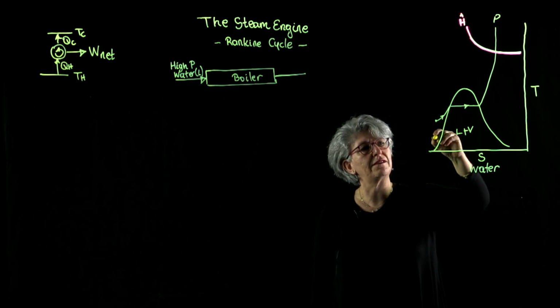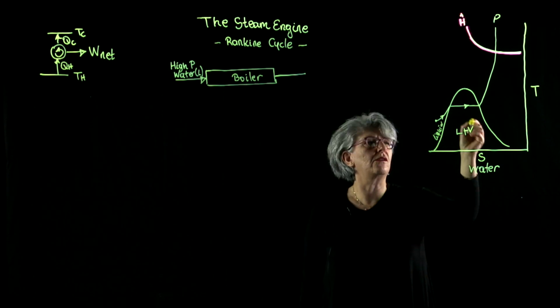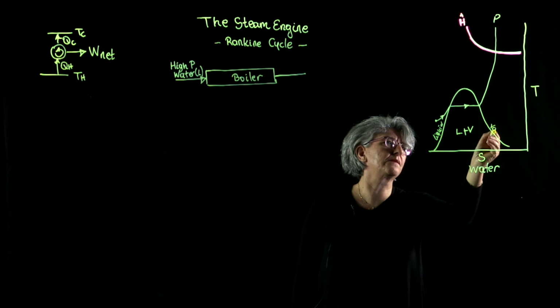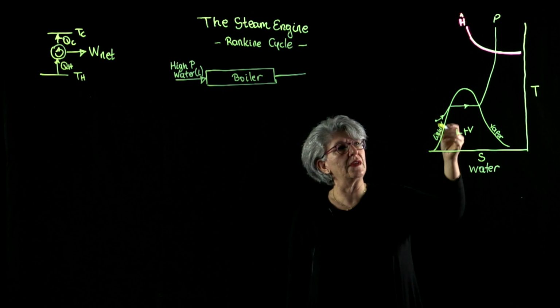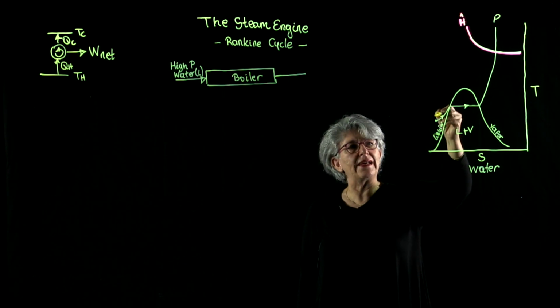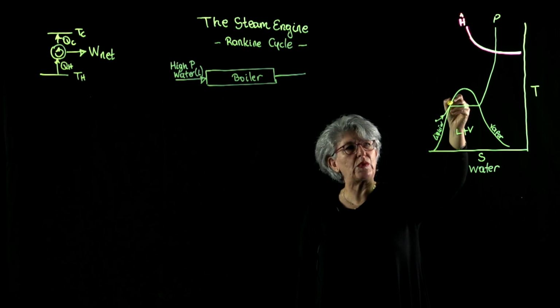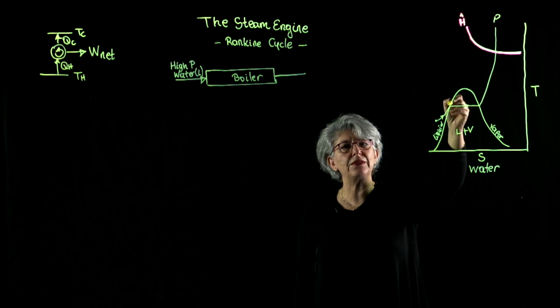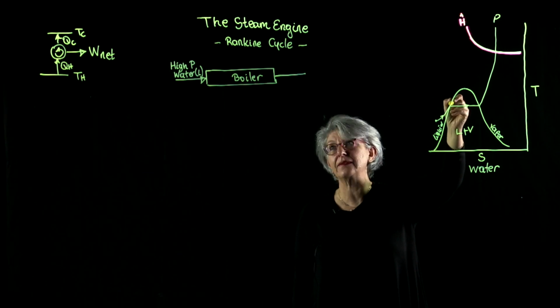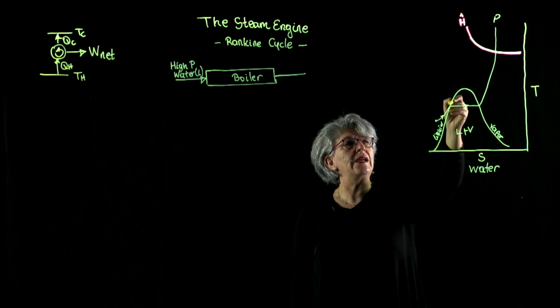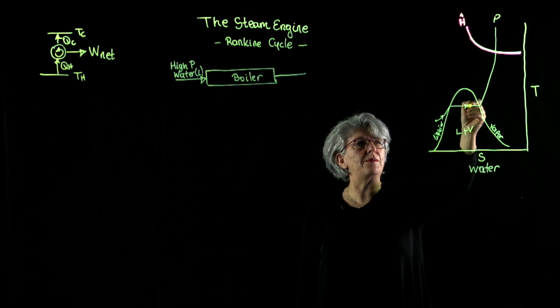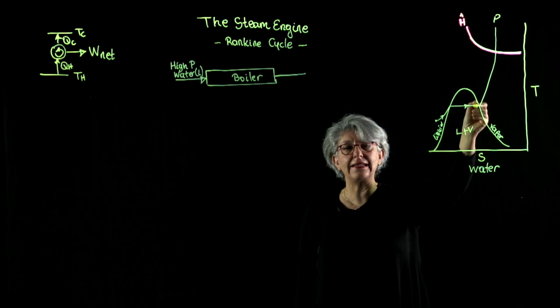On this side we have liquid, on that side we have vapor. Both are saturated. So subcooled water at high pressure is first heated up at constant pressure. Then it evaporates completely, still at constant pressure.